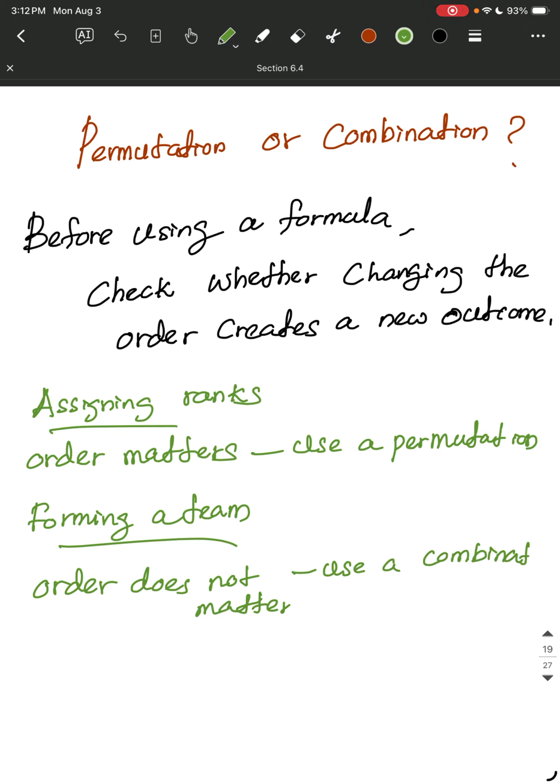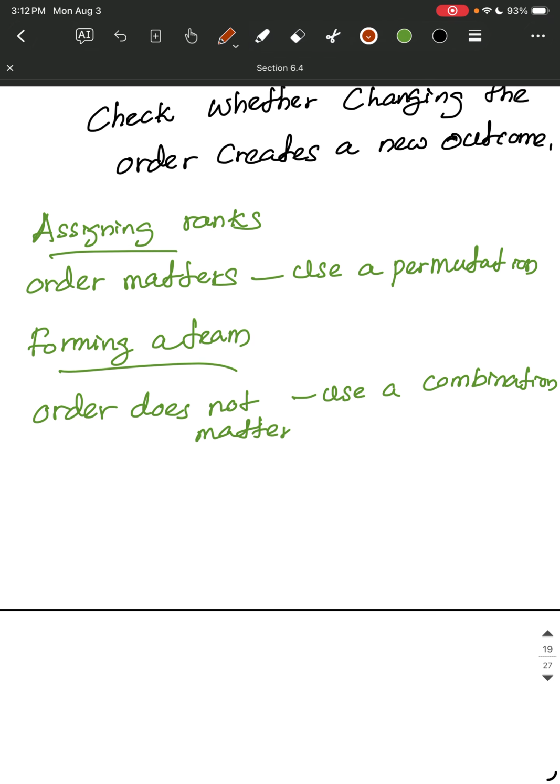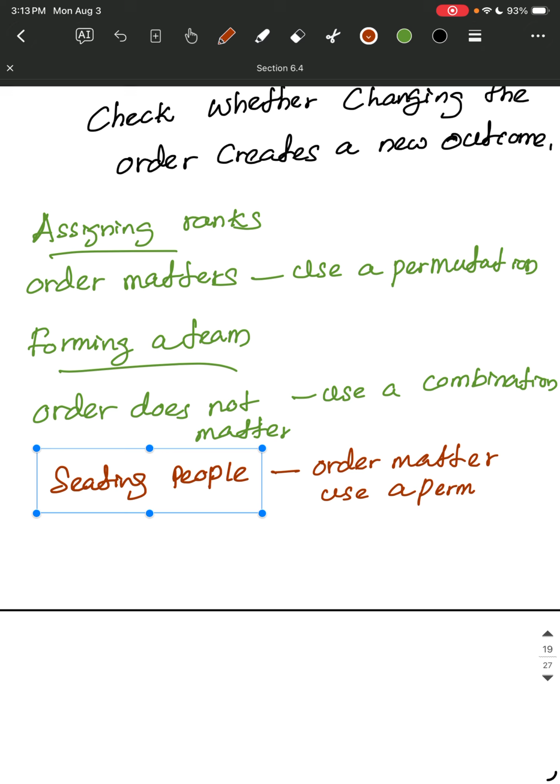Seating people, order matters, then use permutation. Selecting lottery numbers, order usually does not matter, use combinations.